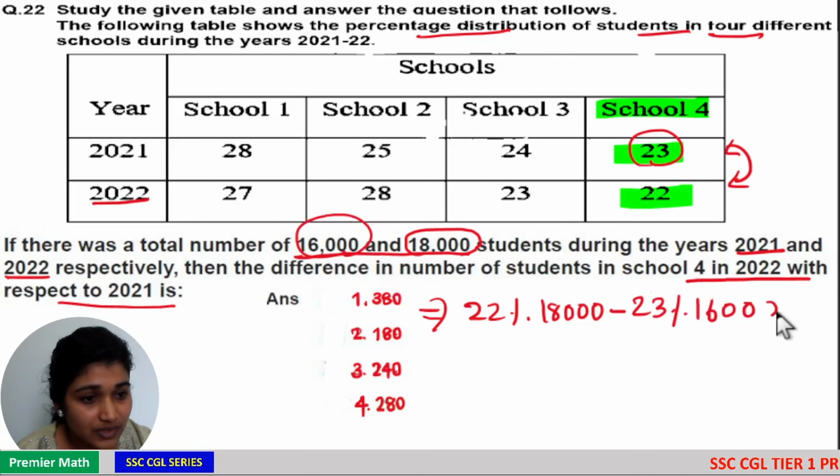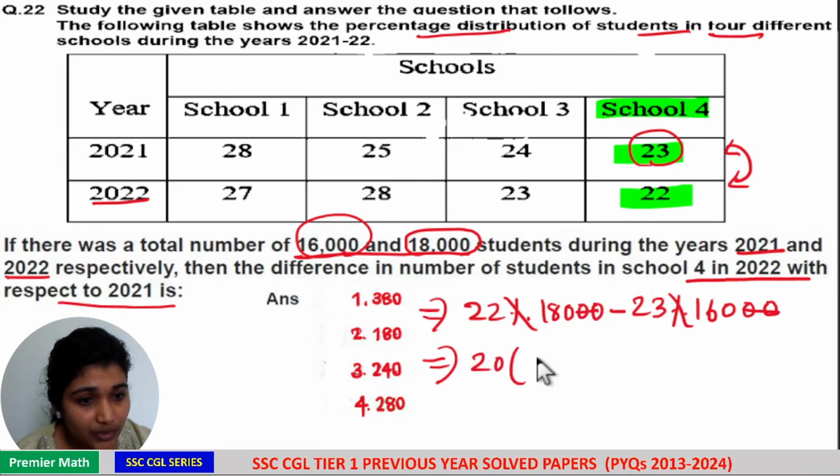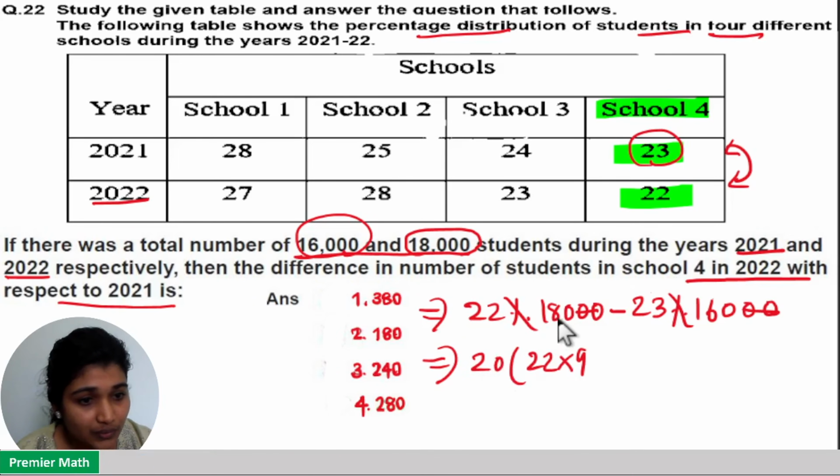Now, if you take the difference, the percentage and double zero cancel. Take 20 as common factor. 20 into 22 into 9. 20 into 9 is equal to 180. So 22 into 9 minus 20 into 8, which is equal to 160.